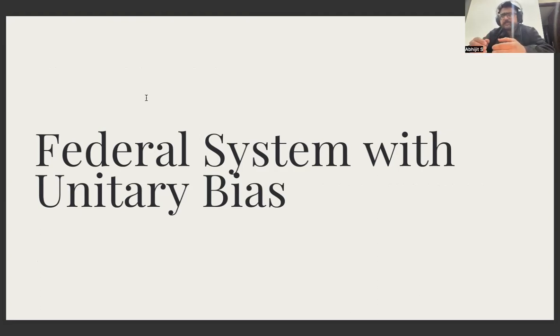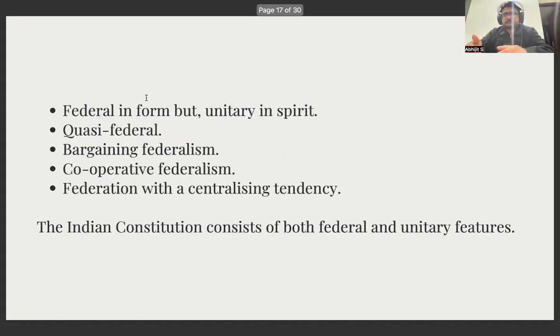Multiple scholars have used different phrases to explain the same idea, which are that India is federal in form but unitary in spirit. Some have also said that it is quasi-federal. Others have said that it is bargaining federalism.